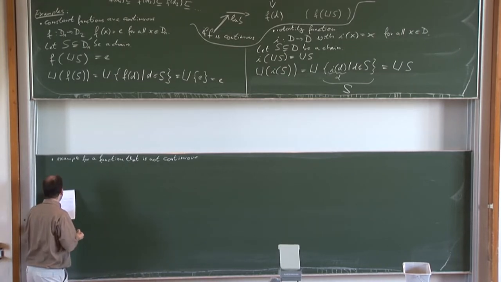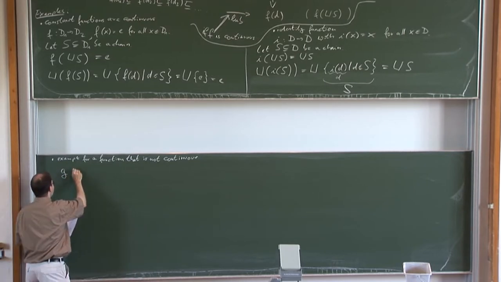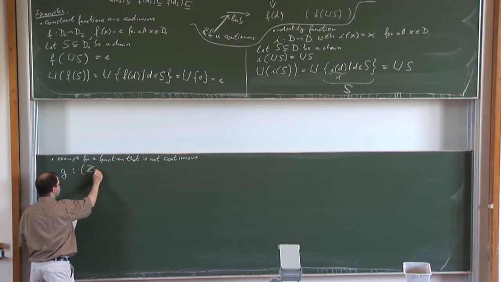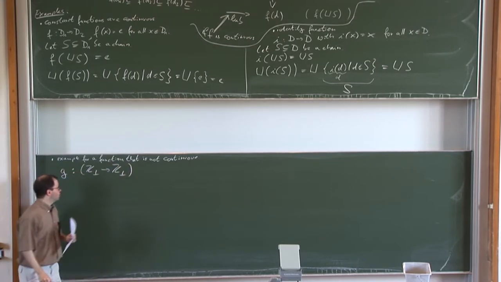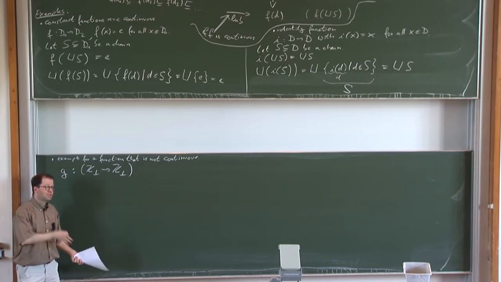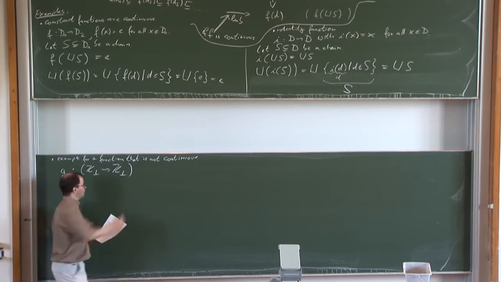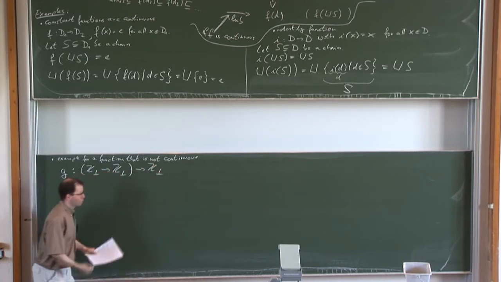So we take a higher order function, g. And what g does is it takes a function as input. It takes a function from Z bottom to Z bottom. So some function which maps integers to integers and returns an integer or bottom.